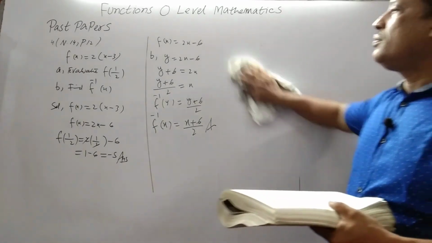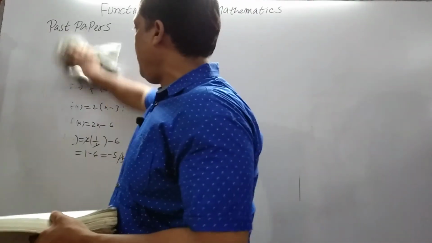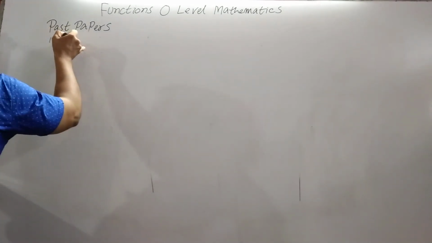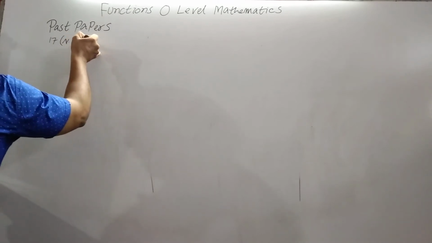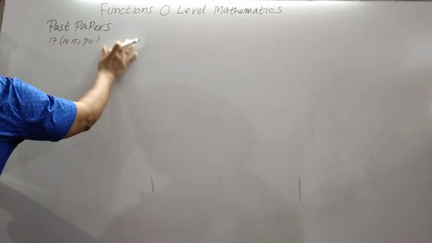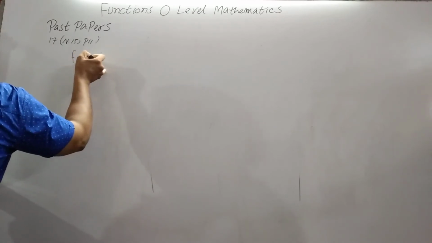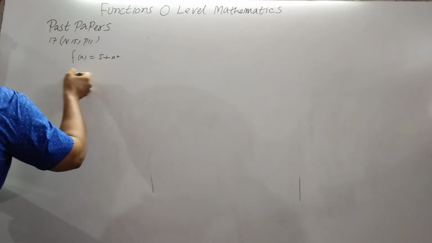Okay. This question came in November 2015. Question number 17. This is the past papers question number. November 2015, paper 1-1. And the question is f(x) equals 5 plus x square.